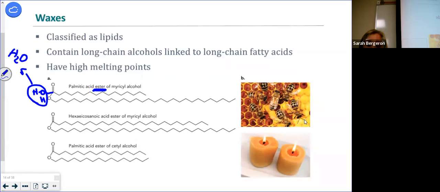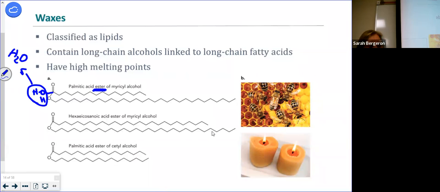Beeswax, right? Beeswax is about, there are 3 different kinds of esters in there, but these are all fully saturated. So look, these are all fully saturated. You see no carbon-carbon double bonds. But you can also have some waxes that are oils, like jojoba oil is actually a wax.